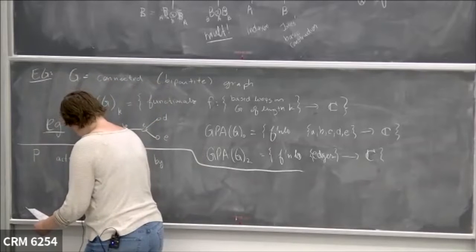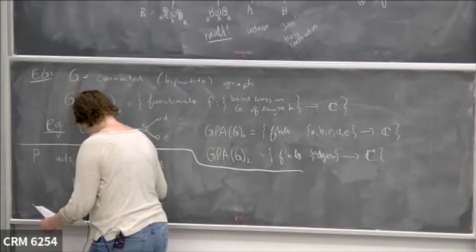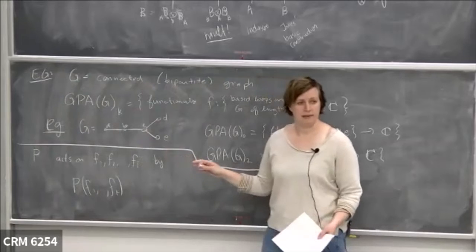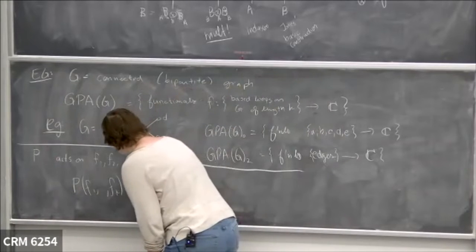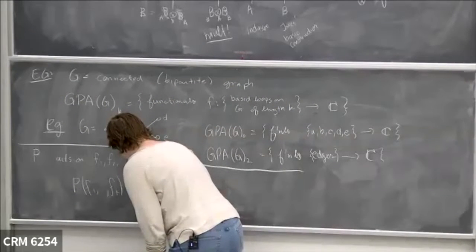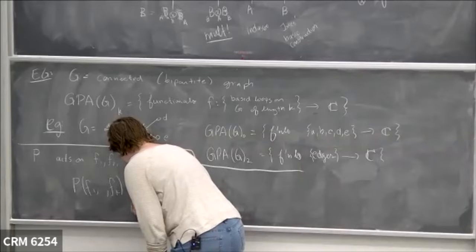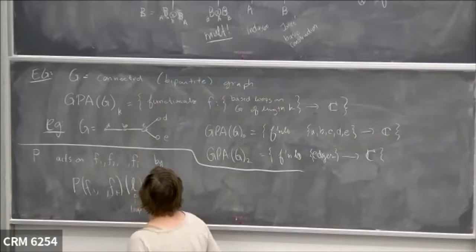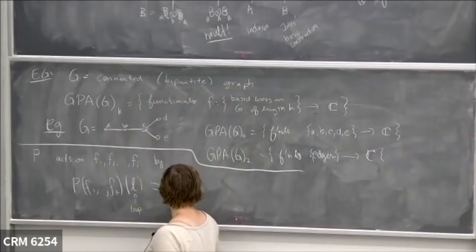P of these inputs should again be a functional. And so let me give it a loop L on my graph of the correct size. Now, what is this to be equal to?